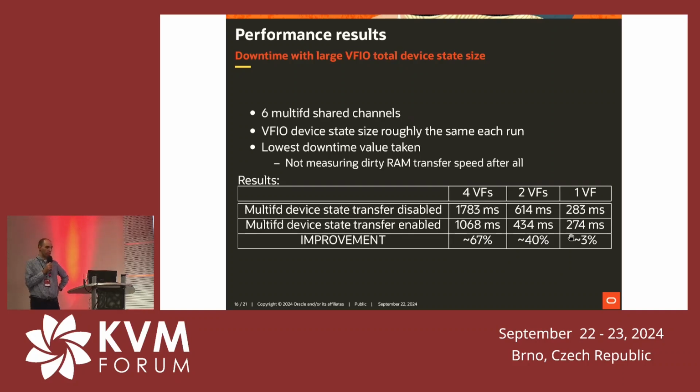But we think that, let's say, a 67% improvement with 4 VFs is worthwhile as a starter. And you can see that it doesn't really break anything, and it's a small improvement with 1 VF, but it's good that there is no regression, because that's usually what we are worried about when there is an improvement that only touches how things scale.